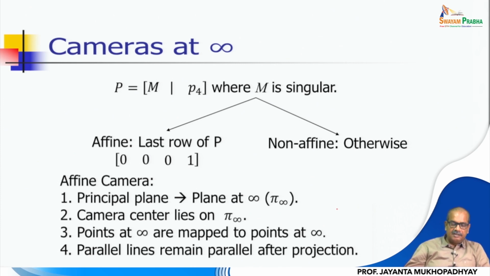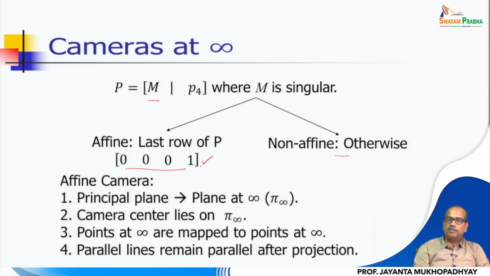One is that the last row of the projection matrix could be 0, 0, 0, 1, and this is a case of affine transformation when M would be singular. In all the cases, M is singular, and otherwise non-affine. So we will be basically considering the affine case where the last row is 0, 0, 0, 1.